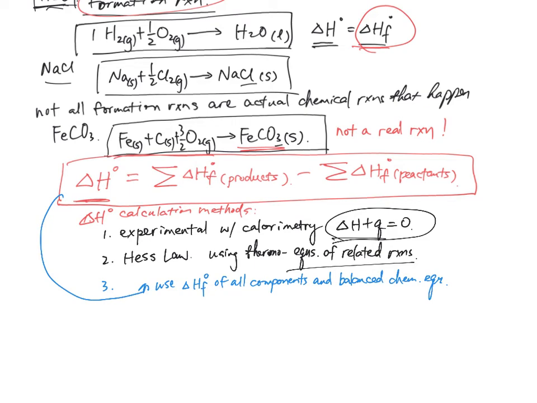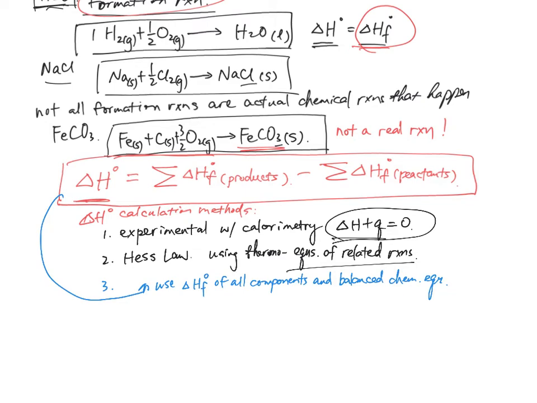Get all your reactants. Use your balanced chemical equation, however many moles of stuff. If you have 1 mole, you use delta HF. If you have 2 moles, you use 2 moles times delta HF. If you have 3 moles, you use 3 moles times delta HF. Add all your products' values together, subtract all your reactants', and calculate the same way.